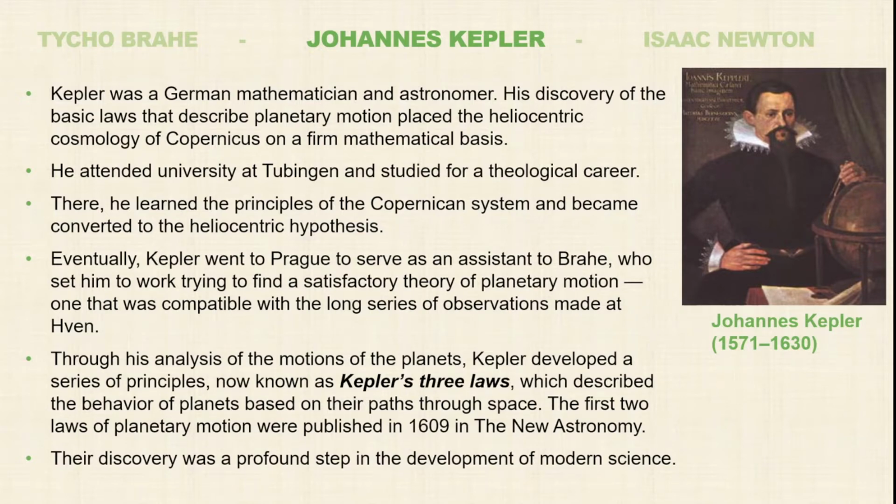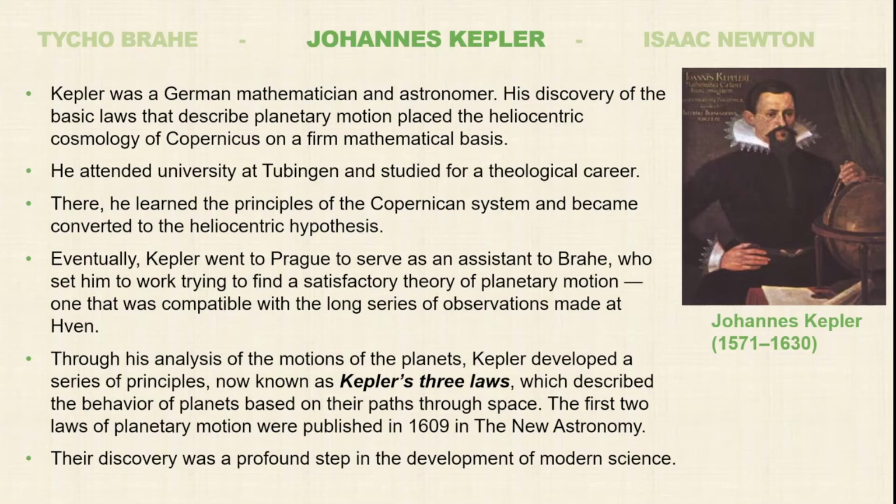Kepler was very good in mathematics, and so he took all these observational data from Tycho Brahe, and he wanted to formulate a theory. Is there a pattern in the data? And based on that pattern, he wanted to formulate some equations.